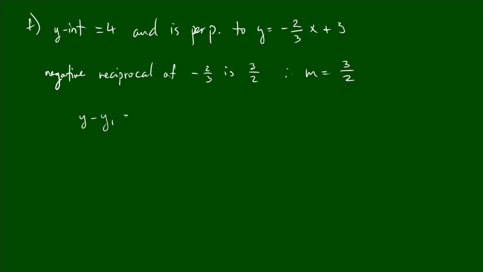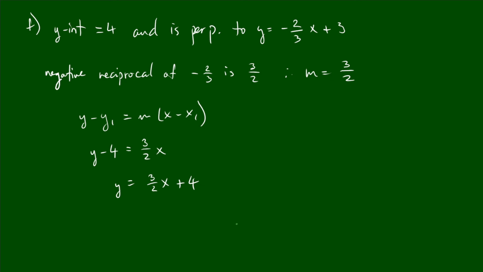Alright, so you have y minus y1 equals m times (x minus x1). You have y minus 4, because that's the y-intercept, equals 3 over 2 times (x minus x1, which is 0), but I'm not going to write it. Therefore, the equation is just 3 over 2 x, add 4 to both sides, you get plus 4.